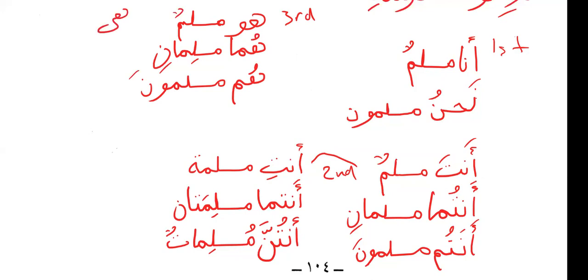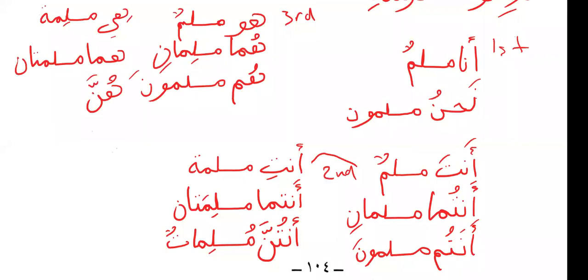So we say here, she is مسلمة. And then huma مسلمتان. Muslimatani. Those two are Muslims. And then hunna, هن مسلمات.